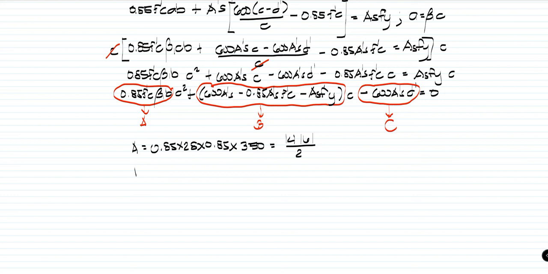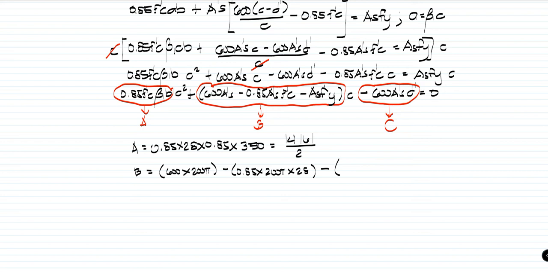Our B will be equivalent to 600 times A prime S, so that is 600 times 200 pi, minus 0.85 times A prime S, which is 200 pi, times the F prime C, which is 28. Then we have to deduct AS Fy.